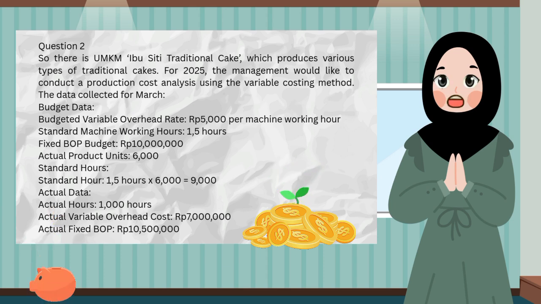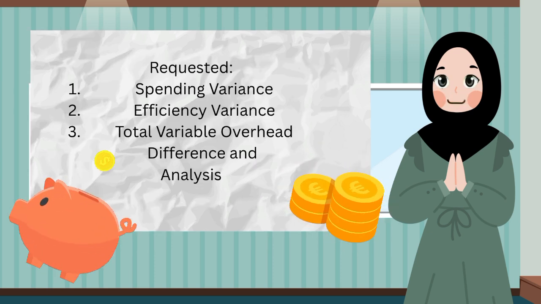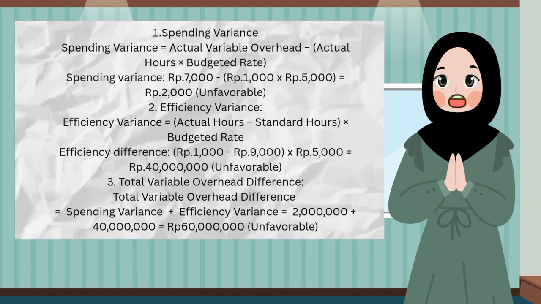And the last is actual fixed BOP is 10,500,000 rupiahs. And we are told to find the first, spending variance, the second, efficiency variance, the third, total variable overhead difference, and the fourth, analysis.